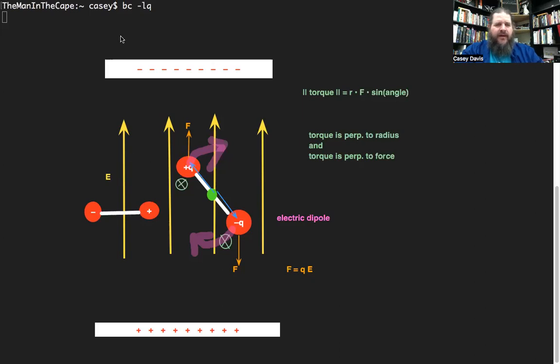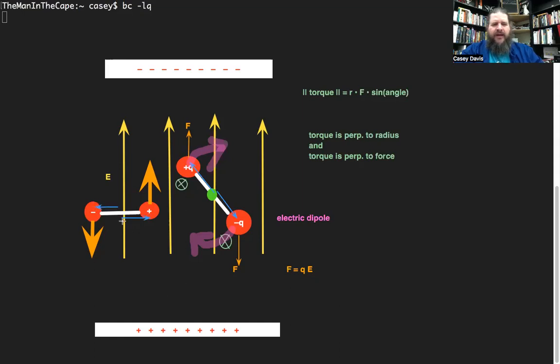In this case, if we take a look at the forces, the positive charge is still getting a force upwards, the negative charge is still getting a force downwards. So the forces cancel out. But what can we say about the torques? If we've got, again, measured from the pivot point, this radius vector there, and this radius vector.